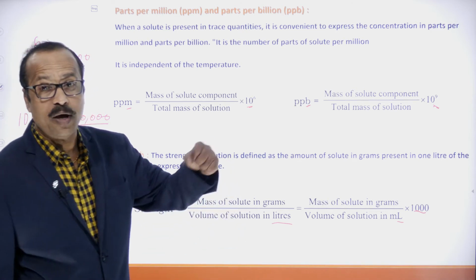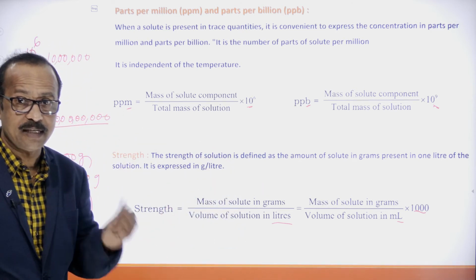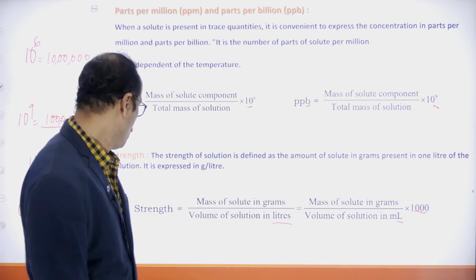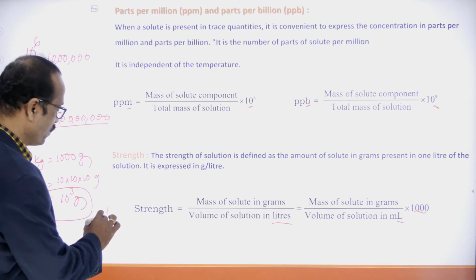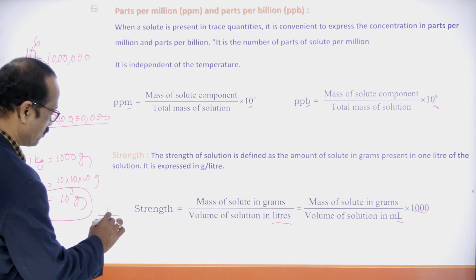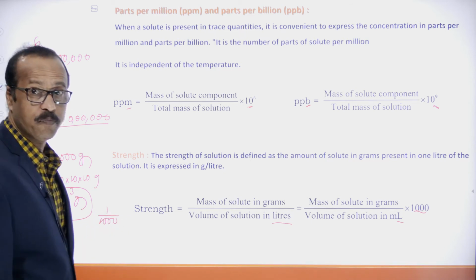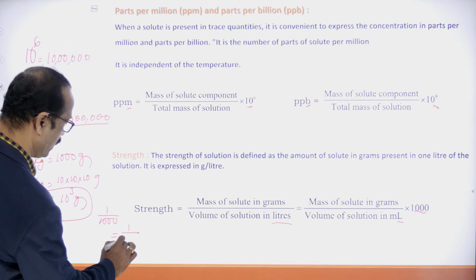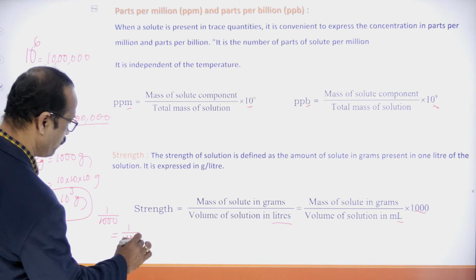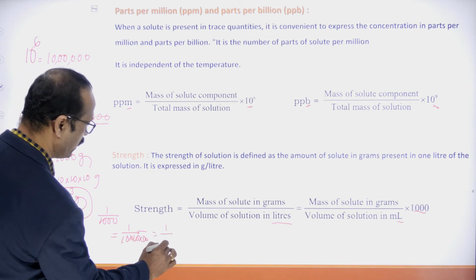Now if you want to express 1 gram in kgs, we write 1 by 1000 kg. 1 gram is equal to 1 by 1000 kg. 1 by 1000 can be written as 1 by 10 into 10 into 10, which is 1 by 10 cube.